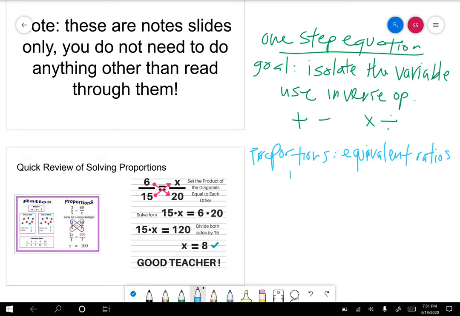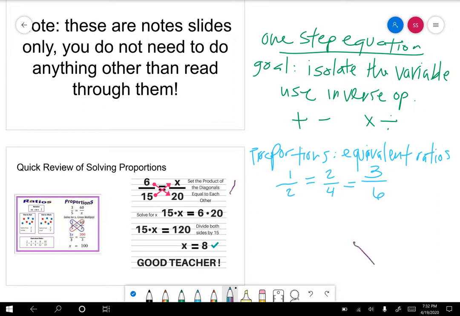For example, if we have the fraction 1/2 or the ratio 1/2, we could say that that's equal to 2/4, right? Because 2 is half of 4. We'd also say it's equal to 3/6, and so on.